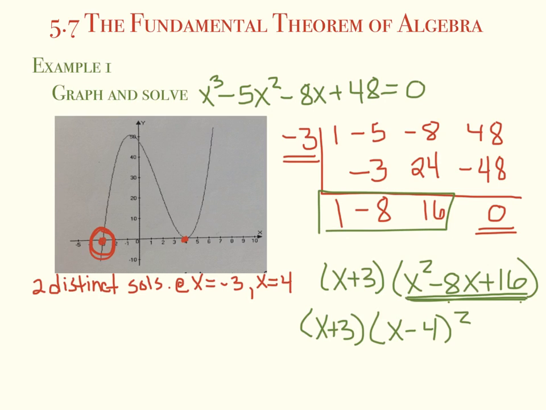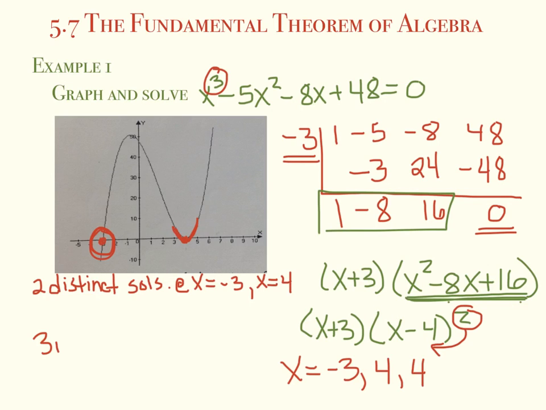And that little squared tells us that this has a multiplicity of 2. It has 2 solutions at 4. That's why there's a bounce here. So if we were to list all the solutions, we would say x equals -3, it equals 4, and then it equals 4 again. So it has 3 solutions, and that's because it is a third degree.